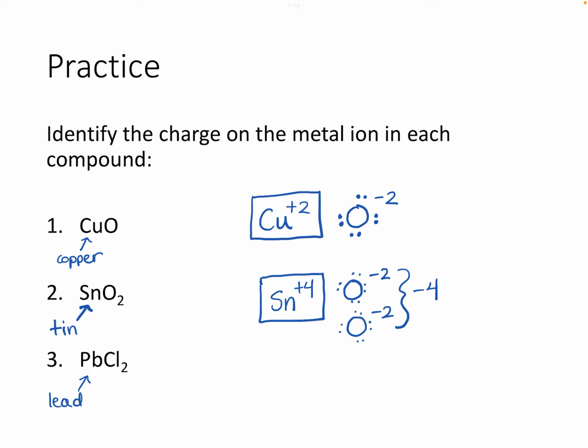All right, let's look at lead. In this case, lead is bonded to 2 chloride ions. And what is the charge on a chloride ion? So remember, chlorine is in group 7, so it has 7 valence electrons. And that means it just needs 1 more electron to have an octet. And if it has 1 extra electron, that gives it a -1 charge. And we have 2 of those. So let's draw both.